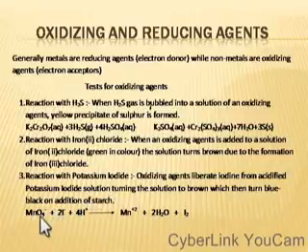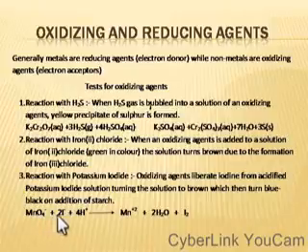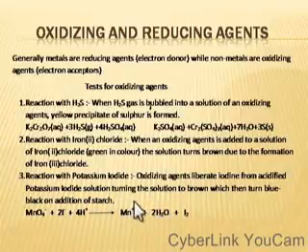If you look at this, manganese, which is manganese(VII), an oxidizing agent, when it reacts with iodide ion, the iodide ion gives out electrons to the oxidizing agent, which is manganese(VII), and then manganese(VII) will be reduced from manganese(VII) to manganese(II), and then iodide will be oxidized from -1 to 0, which is oxidation.